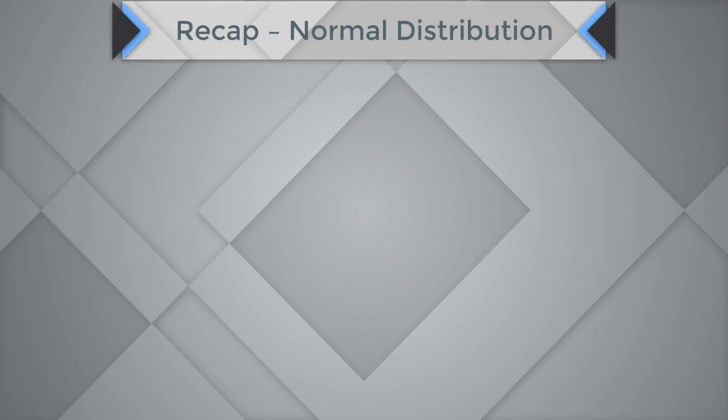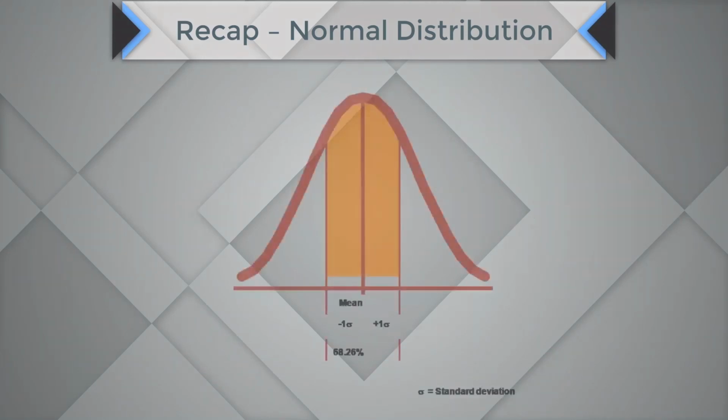You may already know that for a known mean, if I were to add one standard deviation and subtract one standard deviation, the area under the curve shall be 68.26%.